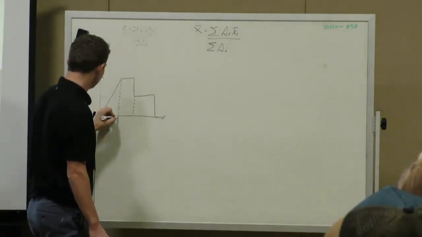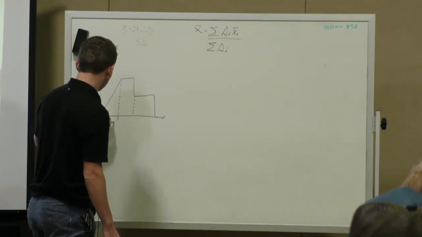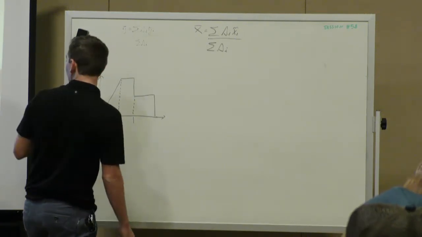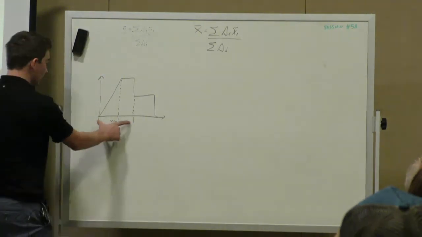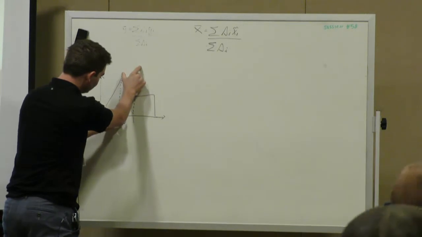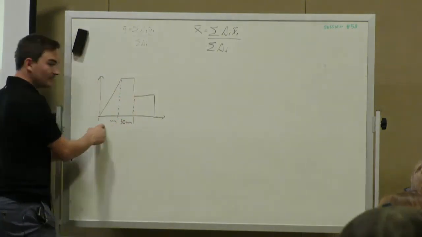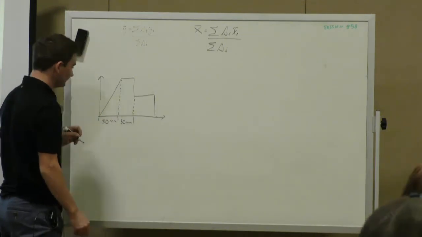Let's start by marking our distances. This total distance is 60 millimeters. This top one is 30. So 60 minus 30 gives the base of our triangle, which is 30.